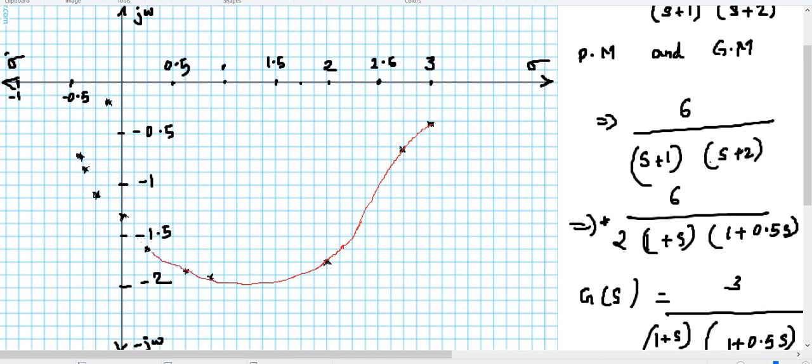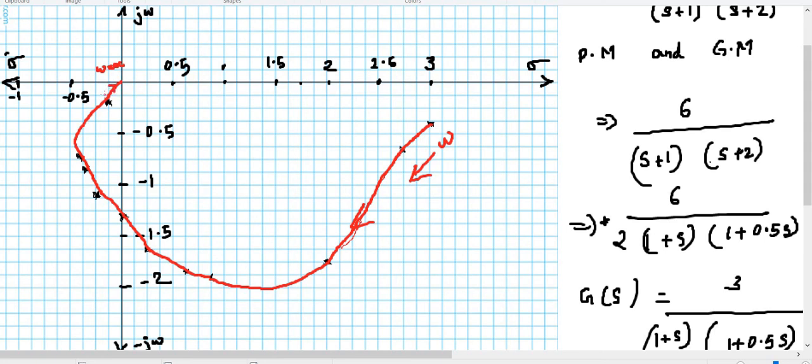Now we have to join all the points and draw a smooth curve, and the approximate shape of the polar plot is like this when omega goes from 0 to infinity. When omega is infinity, it will end at the origin.